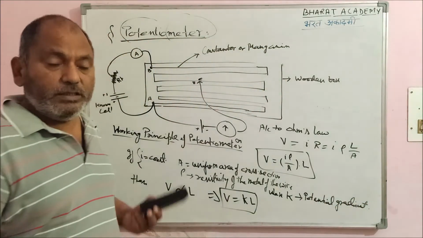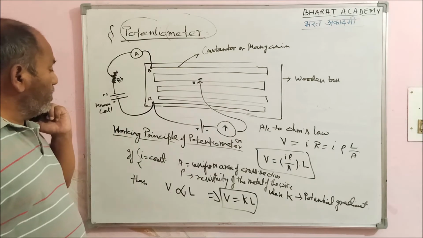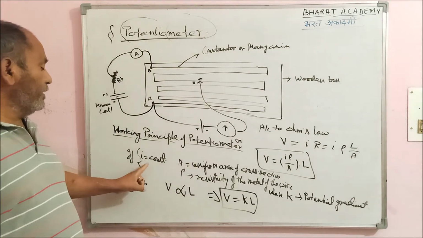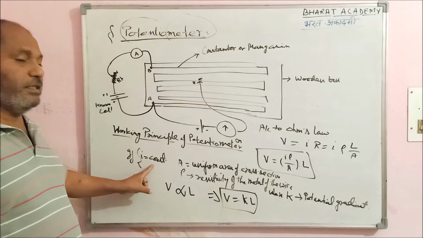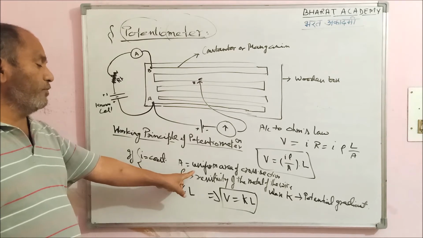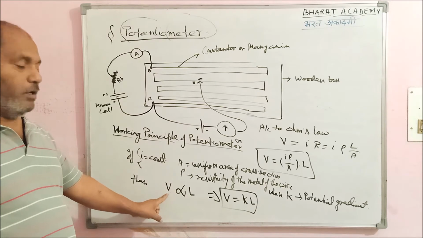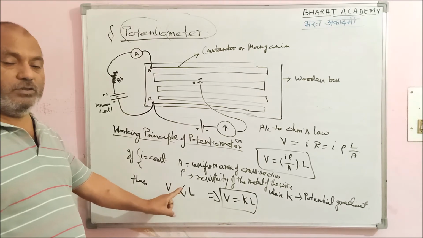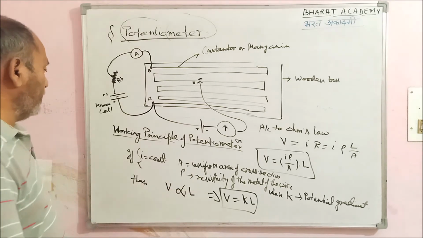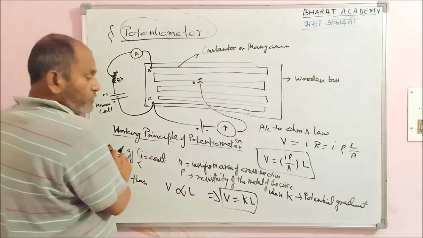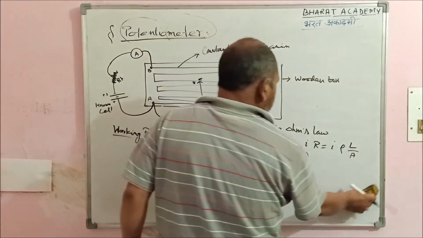Now, what should be the statement of this potentiometer? What it is saying: if a constant current is passed through a wire of uniform area of cross section, then the potential drop across any length of that wire is always directly proportional to that length. It is very important, so I am going to write it down.